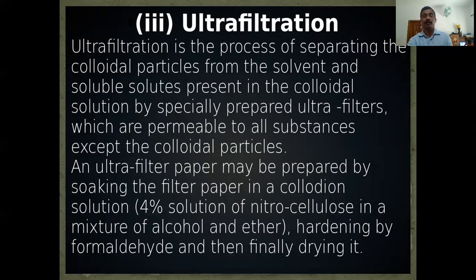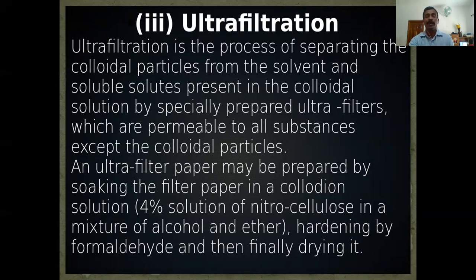Another method is ultrafiltration. Ultrafilter paper is a specially prepared filter paper which is permeable to all substances except the colloidal particles. It will not allow colloidal particles to pass through it, but it will permit ions to pass through.